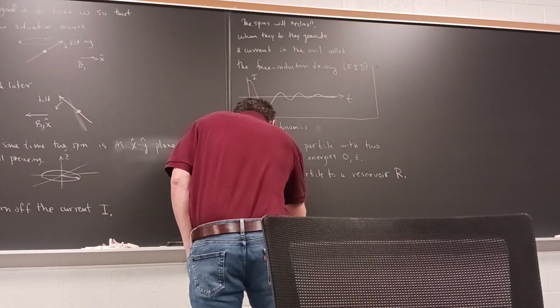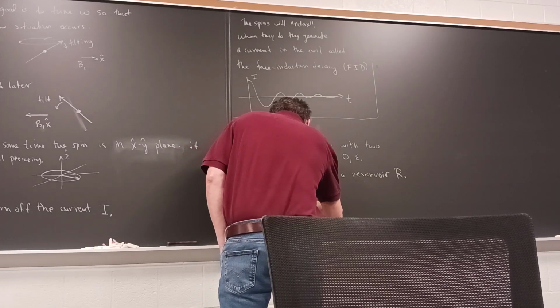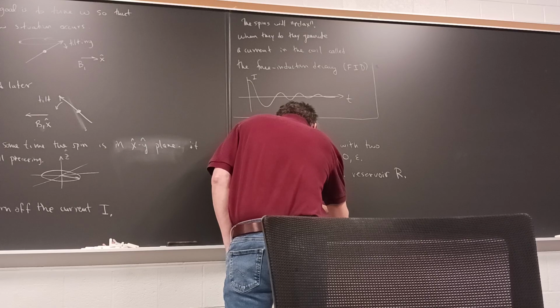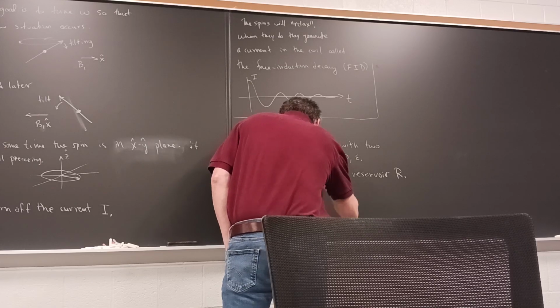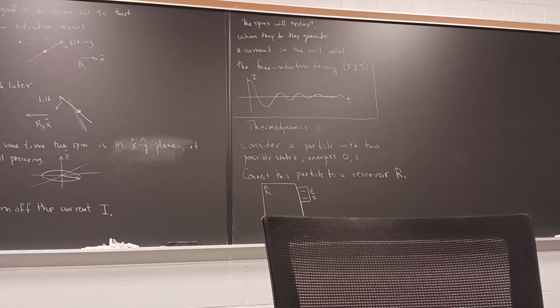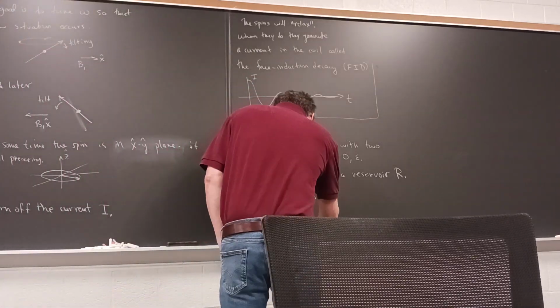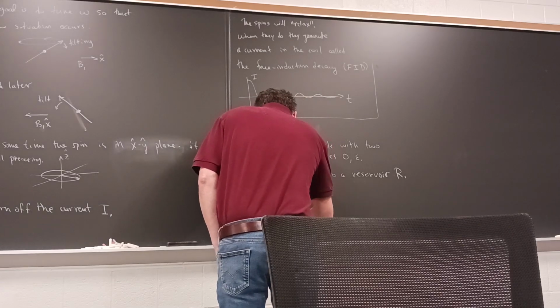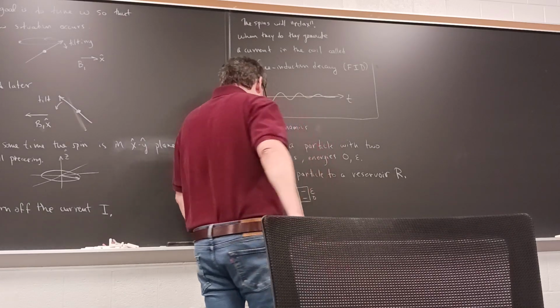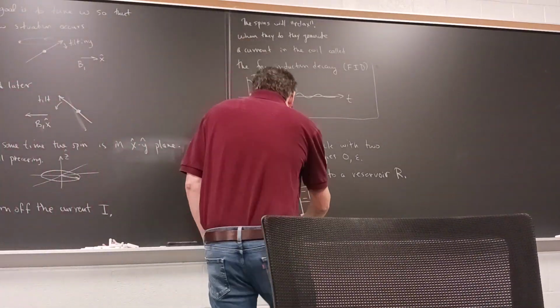So here's the picture. We have some reservoir, and then we have a particle that's connected to the reservoir, and it can take two energies. It can be 0 or epsilon. And the reservoir has some energy E and the number of states G.